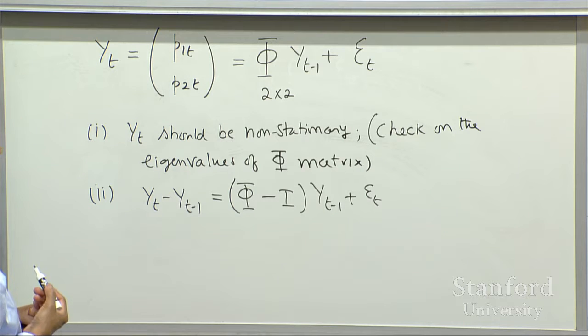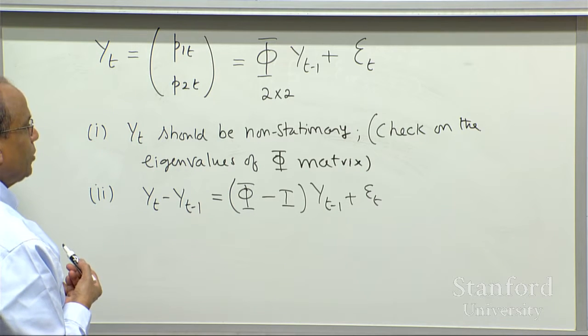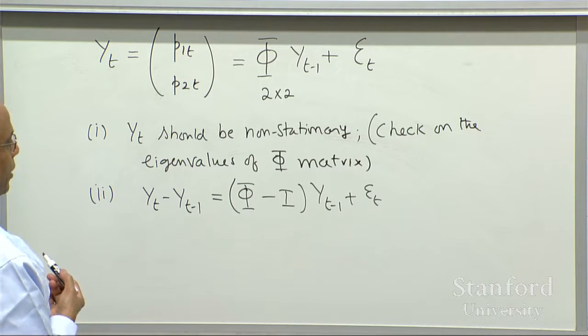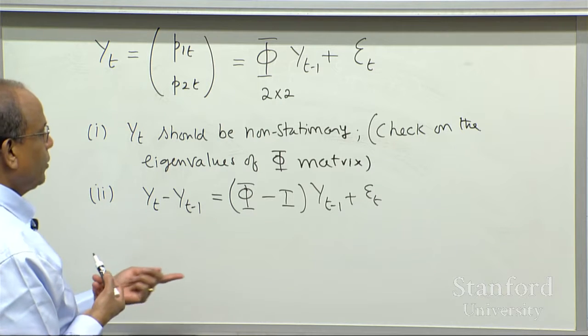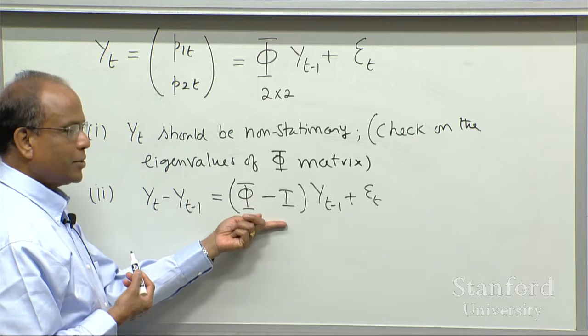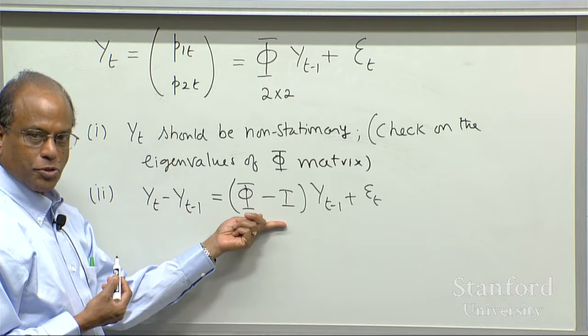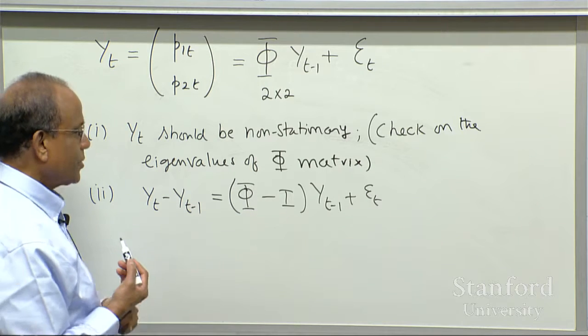Okay. So if the eigenvalues of pi are close to 1, then we know the eigenvalues of this matrix are going to be close to 0, because it is pi minus I.